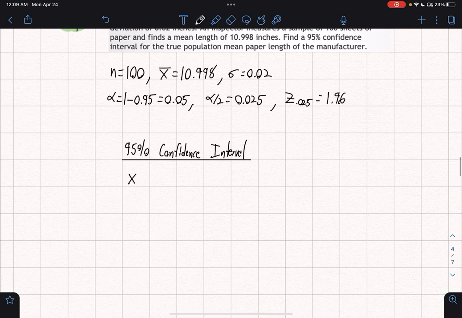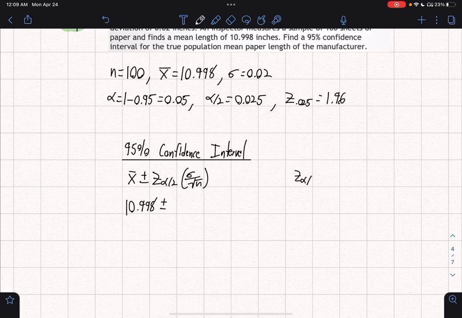Okay, so I'm going to rewrite our formula, which is x bar plus or minus z alpha over 2 times sigma divided by square root n. So let's go ahead and just plug in all of our values. So our x bar was 10.998 plus or minus. So here, z alpha over 2, right?